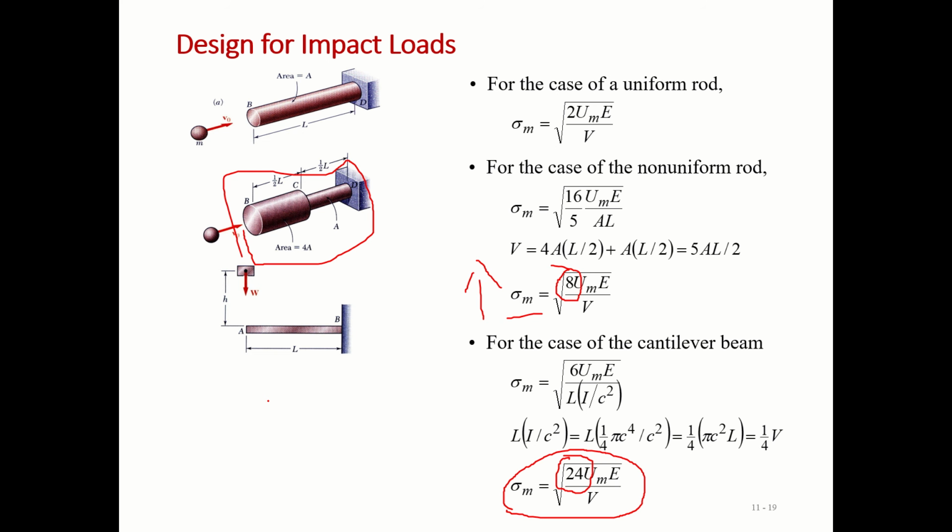This is the fundamental concept of the analysis of the impact load, and in all problems we will use this kind of concept. So in general, we have discussed three basic types of problems. One is for the rod, one is for the beam. There may be some other cases, but here we are restricted to these fundamental types of problems.